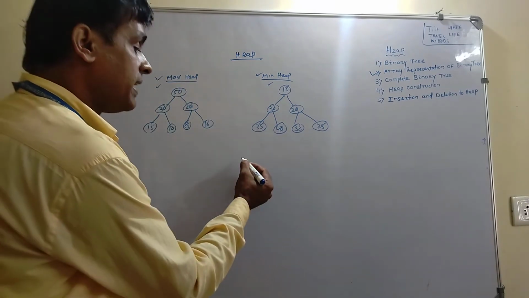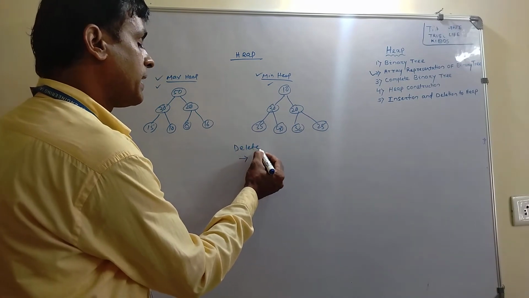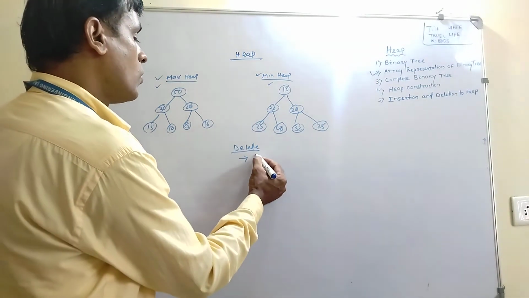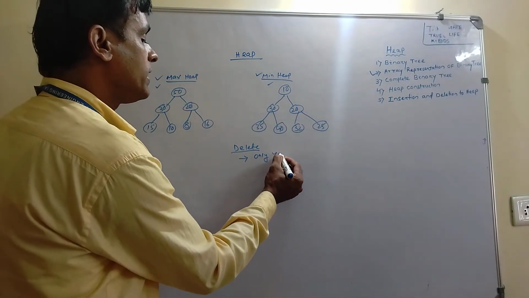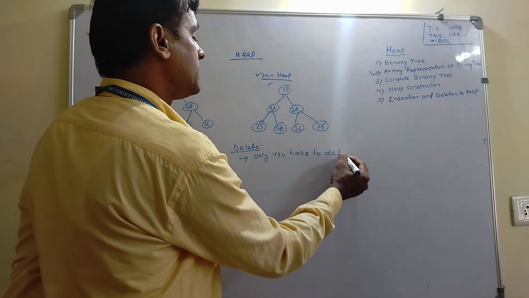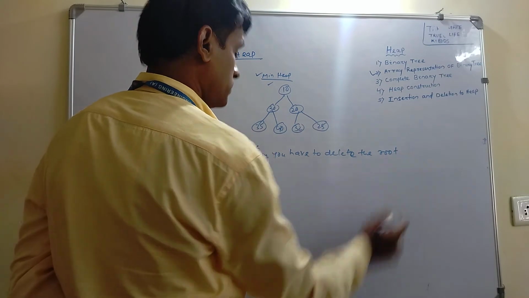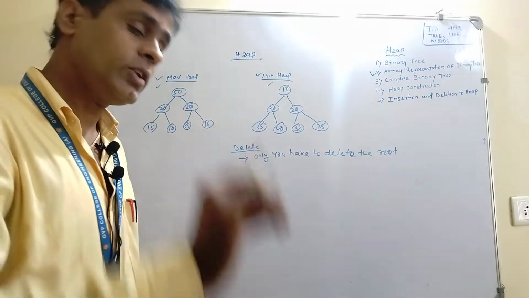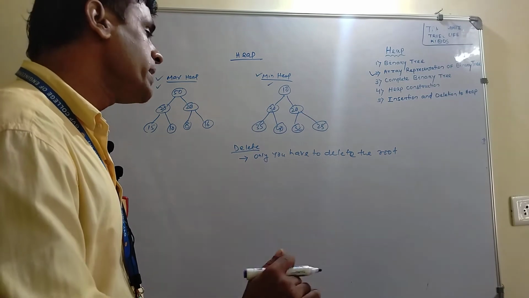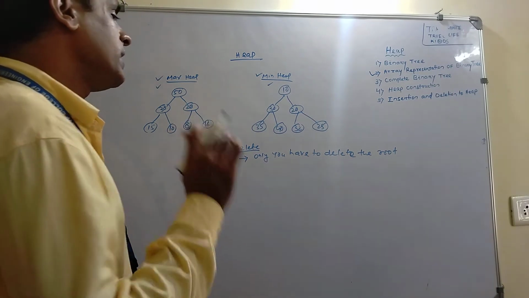Which element will I delete? Whenever you are deleting, keep in mind that you only have to delete the root. If it is a max heap, the maximum element at the root is deleted. If it is a min heap, the minimum element at the root is deleted. That is, you only have to delete the root.